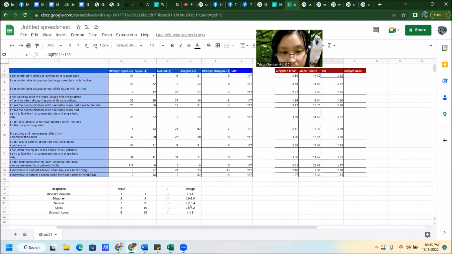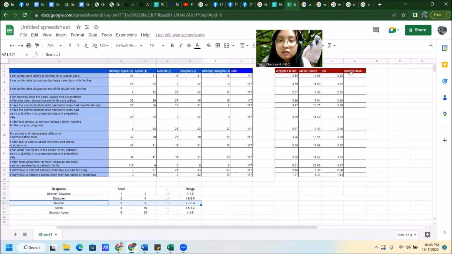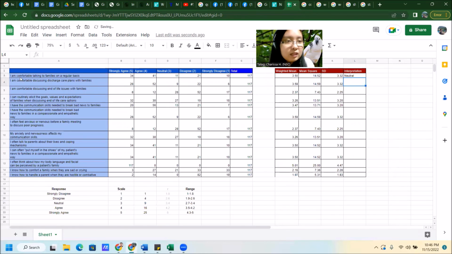Pasok siya dito sa neutral. So, ang interpretation niya ay neutral. Ibig sabihin, sa question number 1 na I am comfortable talking to families on a regular basis, majority of our participants ang nagsagot ng neutral.